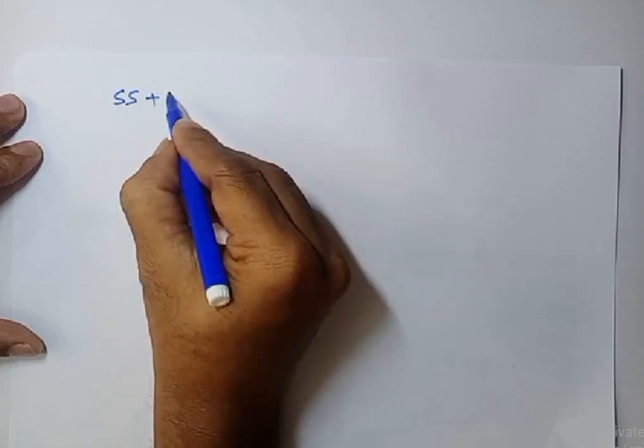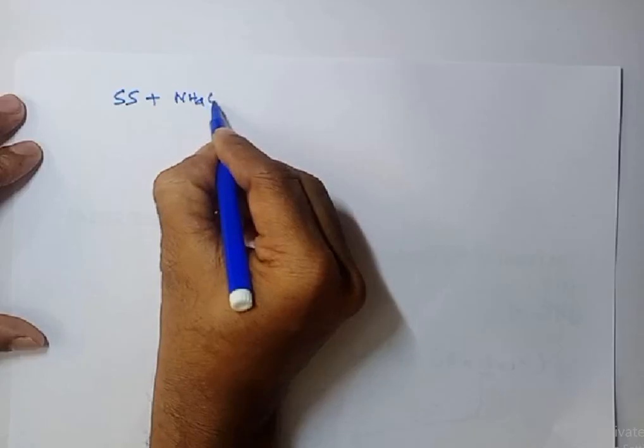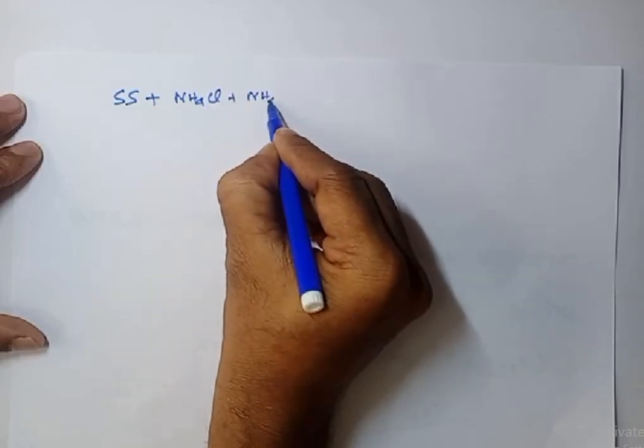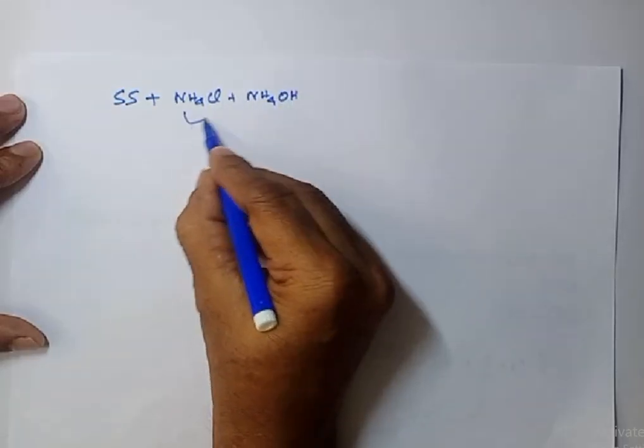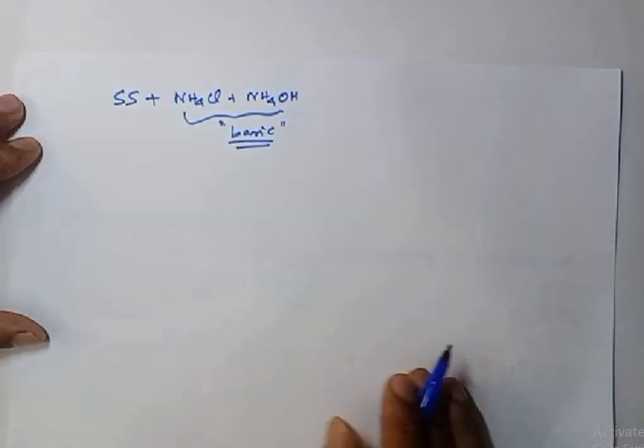In group 4, what we do is this. In group 3 we have already added ammonium chloride plus ammonium hydroxide to the salt solution. So the solution is basic.